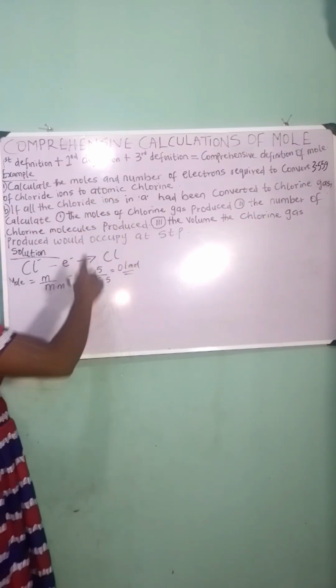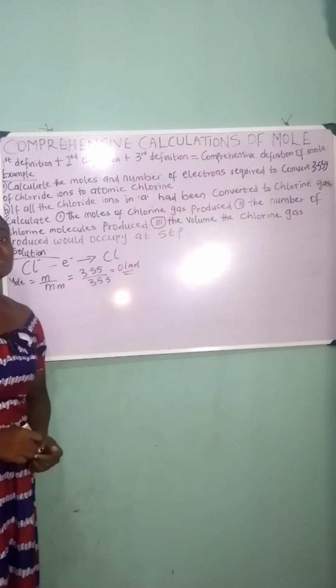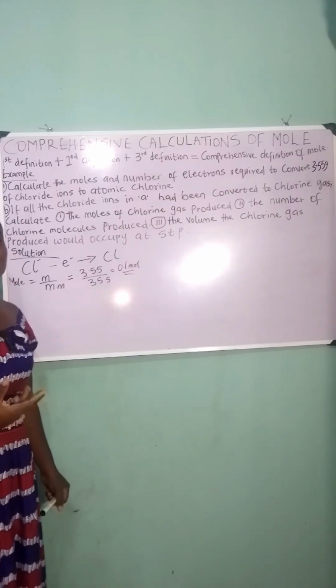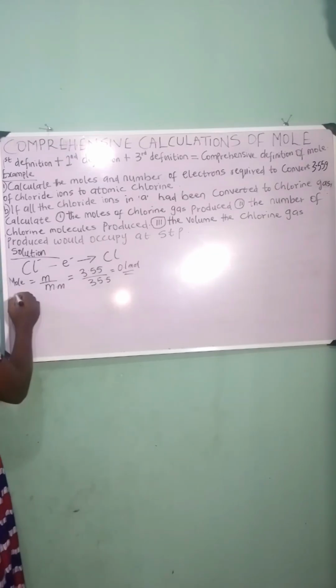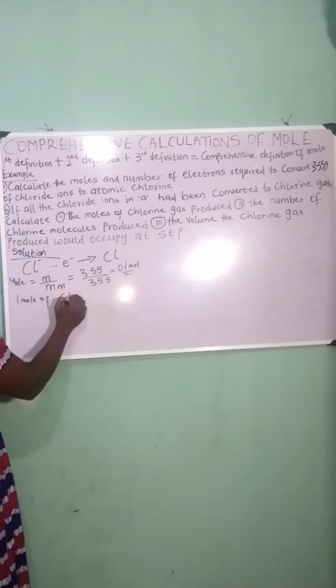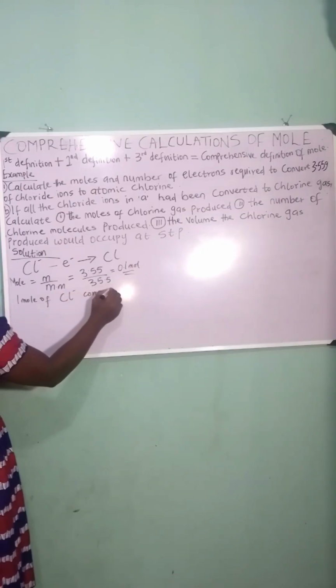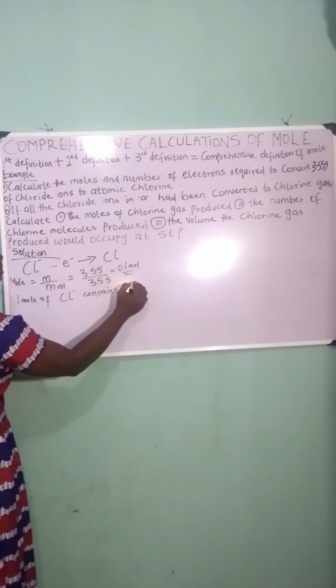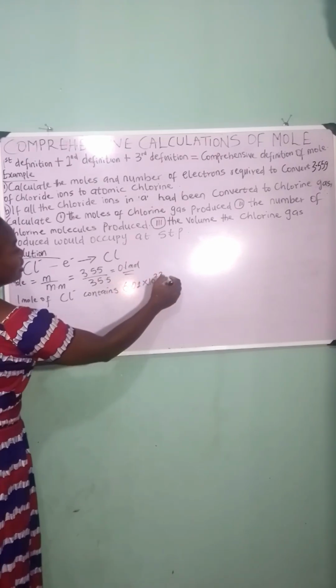Now the second one, the number of electrons. Now this one obeys what? Number of particles, 6.023 exponent 23. How do we go about it? 1 mole of chlorine ion contains 6.02 exponent 23 electrons.